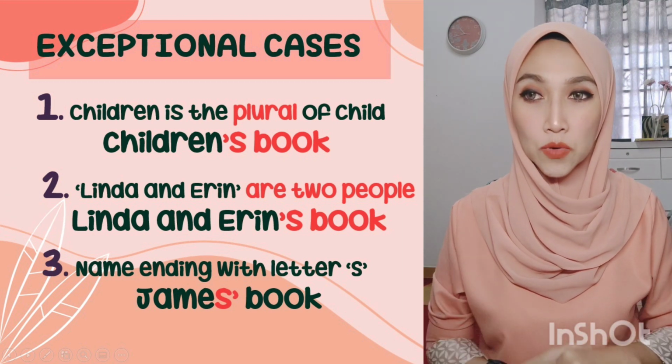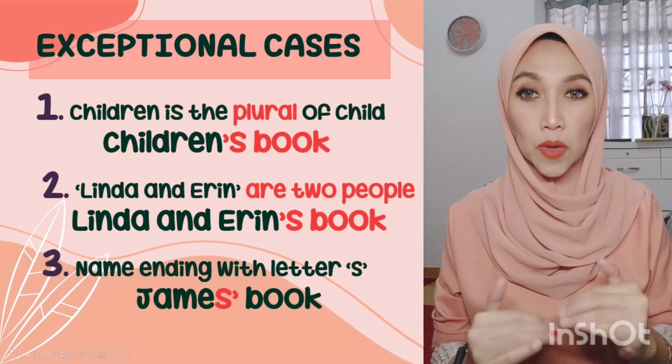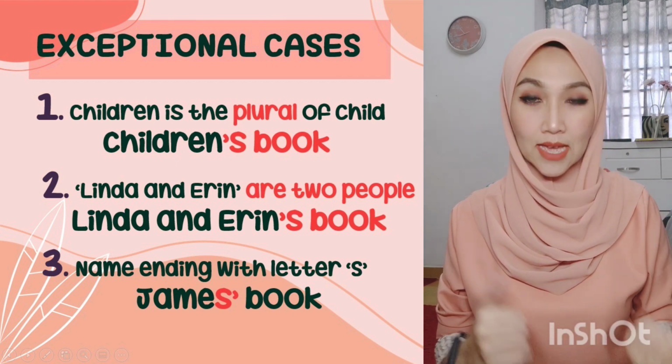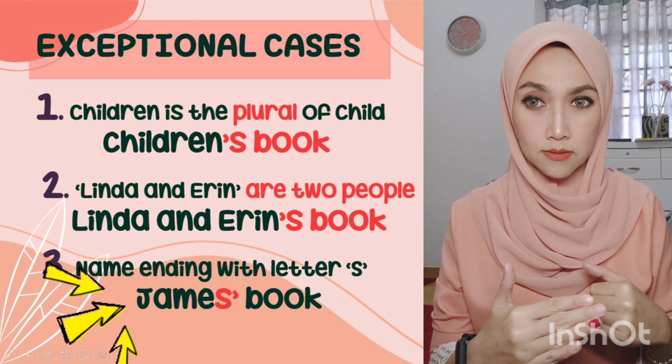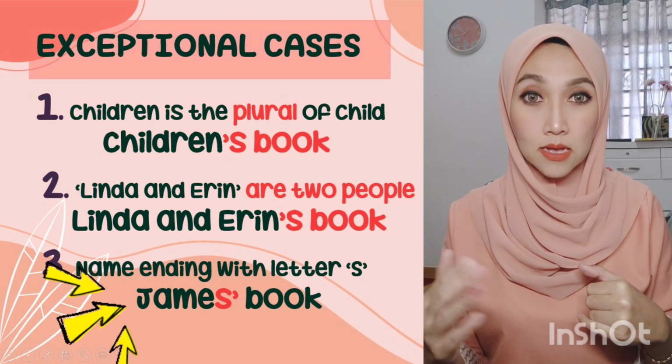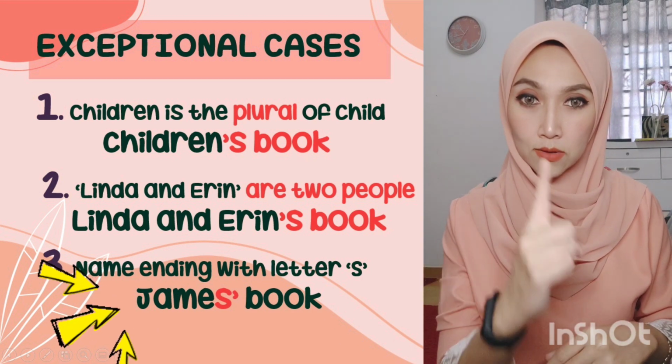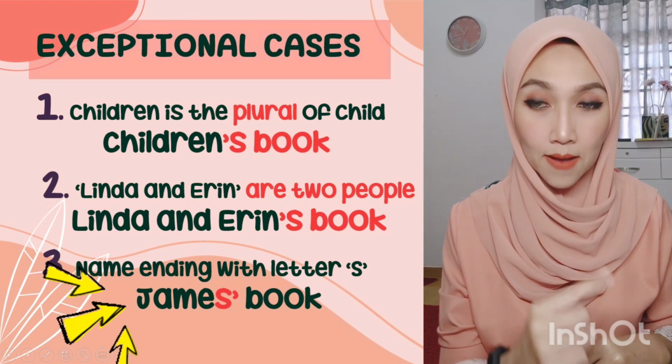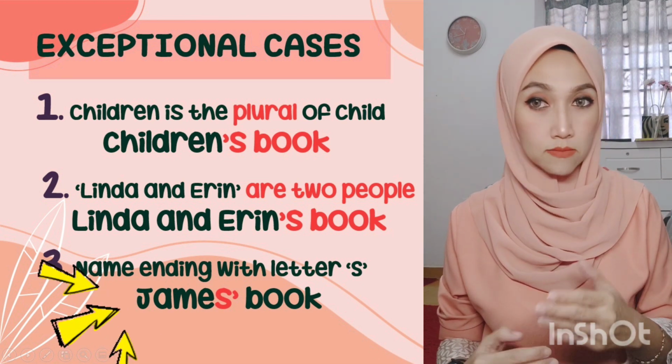Okay, next, number 3. Names ending with the letter S. Okay. James' book. You see, James is singular, right? One James. But why do we use that?